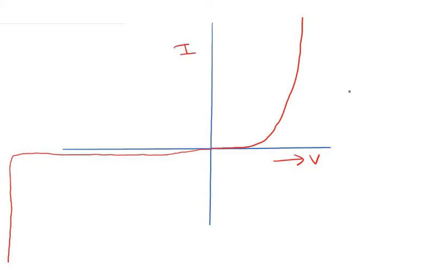Now what is the current voltage characteristics of an ideal diode? So this is for an actual diode. As I stated, a diode is something which offers very little resistance in the forward bias state and very high resistance in the reverse bias state. So for an ideal diode, because it would offer very low resistance in the forward bias state, the current voltage characteristics would basically look like this.